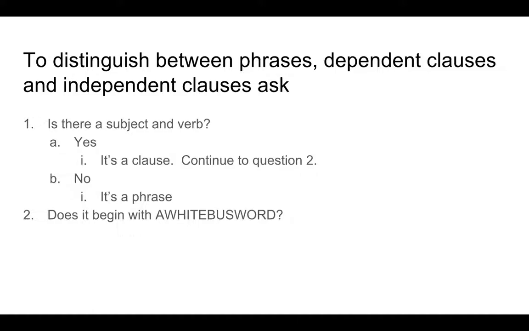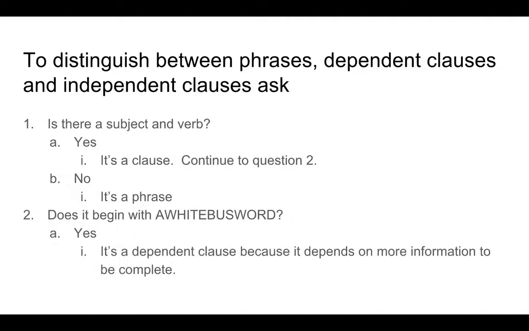Now we're answering the second question because we've determined that it's a clause, right? So now we want to figure out, is it an independent clause or a dependent clause? If the answer is yes, it's a dependent clause because it depends on more information to be complete. If the answer is no, it's an independent clause because it could stand alone as a sentence.